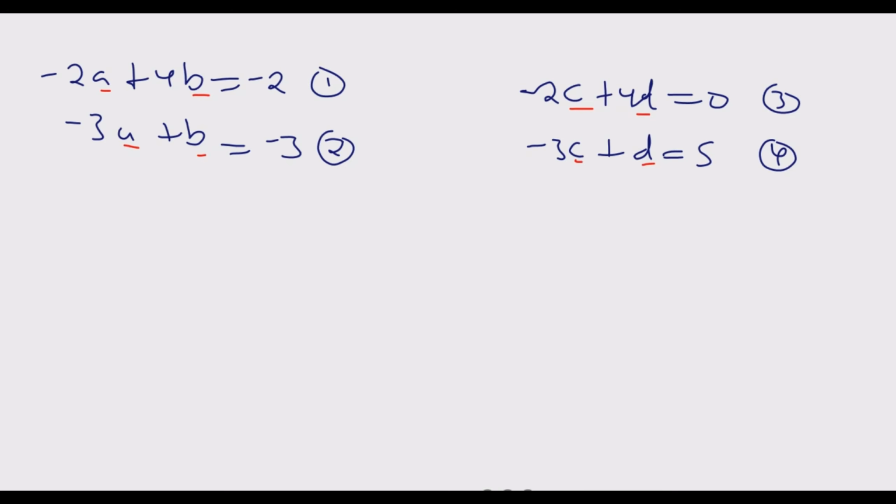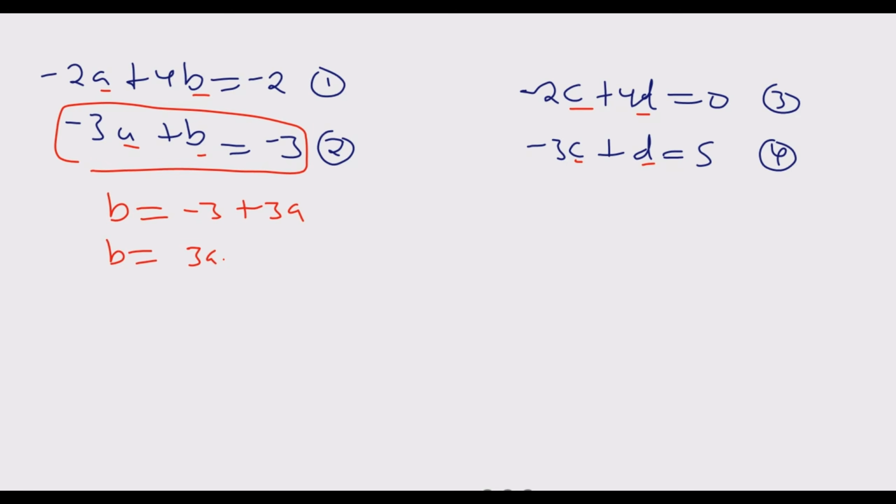So what you notice in this case, this one is easier to solve by substitution. So just make B the subject of formula. So B is equal to basically -3 plus basically 3A. So this is basically the same as B is equal to basically 3A minus basically 3, like that. So in this first equation, whenever there is a B, we substitute with that.